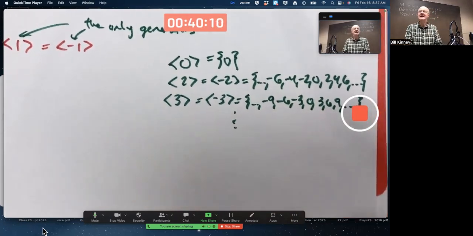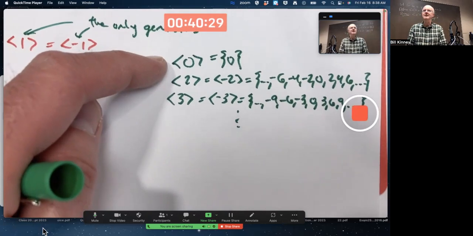This group Z, the integers, has infinitely many cyclic subgroups that don't equal it. And in fact, they're all going to be isomorphic to Z, amazingly, even though they don't equal Z, except for the trivial one.